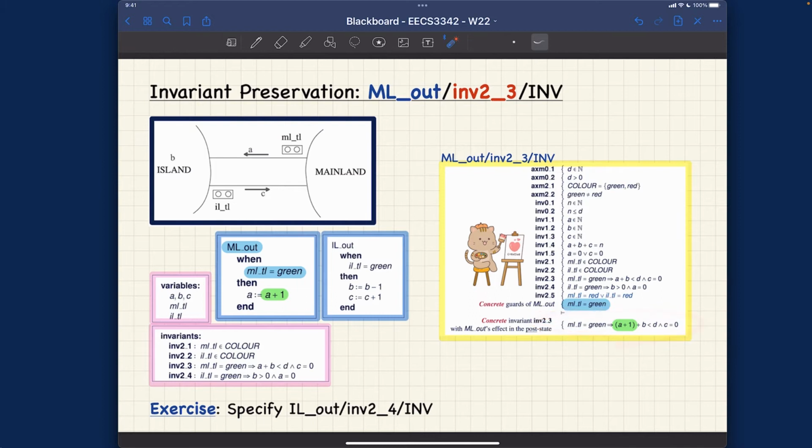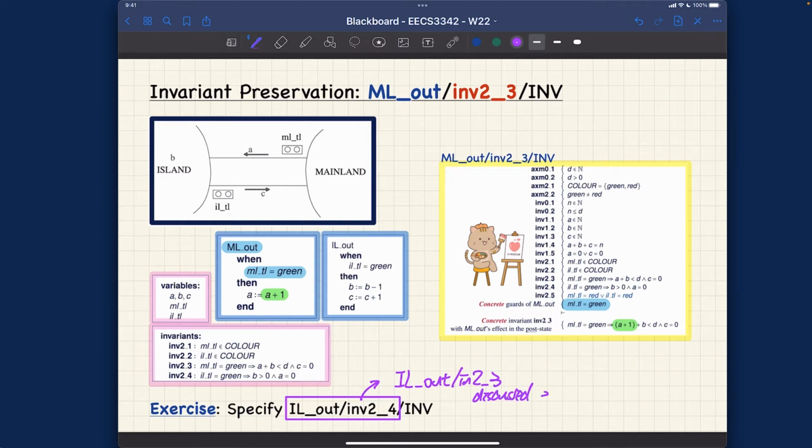As an exercise, I want you to try to specify the other one, IL out, and also invariant 4 over here, right? There's something I want to mention again. IL out, invariant 4. Don't get confused. The one we did earlier was about IL out, invariant 3, which was already discussed earlier.